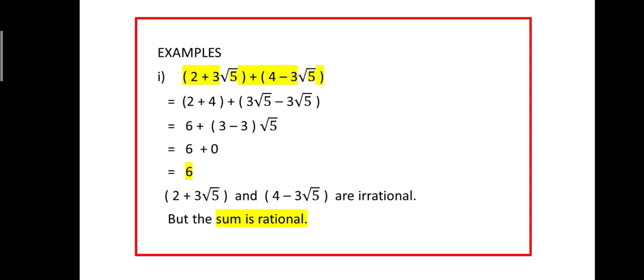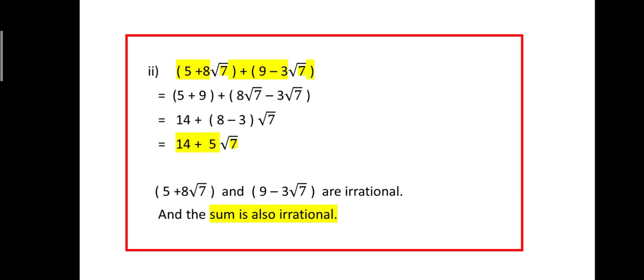So 2 plus 4 gives us 6. And the irrational part gets added to the irrational part. So 3 root 5 minus 3 root 5 gives us 0. So the sum turns out to be 6. So we see that when we add these two irrational numbers, the sum is rational.